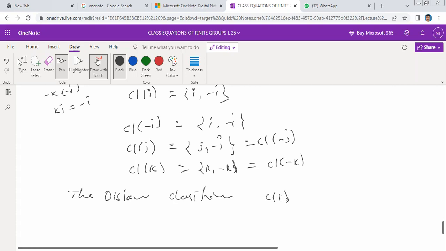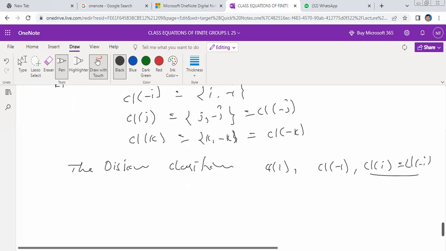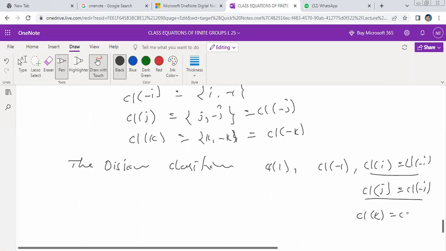CL of 1 is equal to 1. CL of -1 is equal to -1. CL of I is same as CL of minus I. These two are same. CL of J is equal to CL of minus J. These two are same. CL of K is equal to CL of minus K.